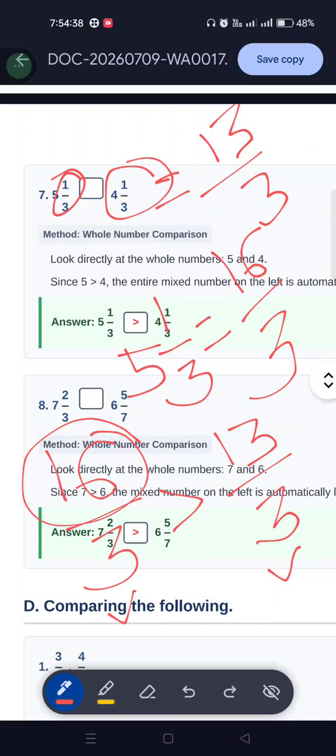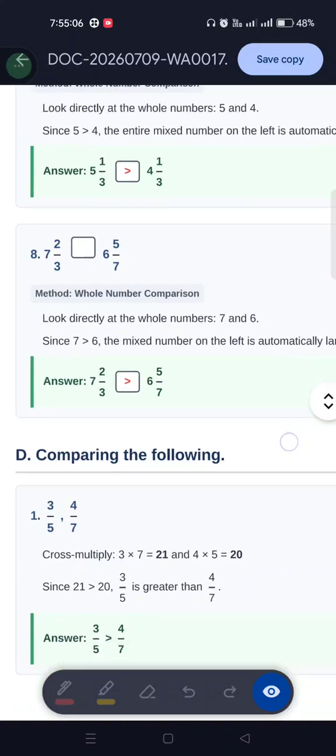So 16 upon 3 will be greater than 13 upon 3. So here we can say that 5 into 1 by 3 will be greater than 4 into 1 by 3. So you will put here the sign of greater than. Now move on to the next question.